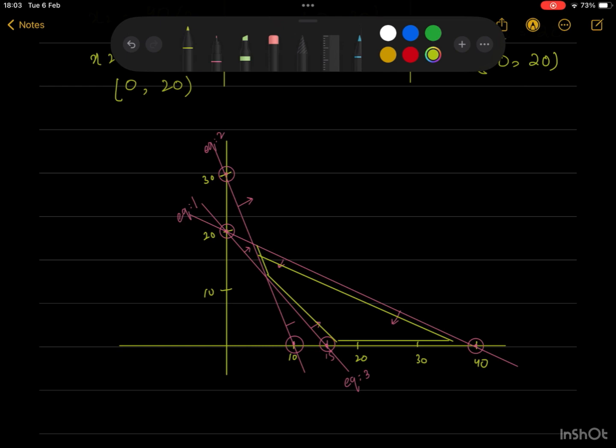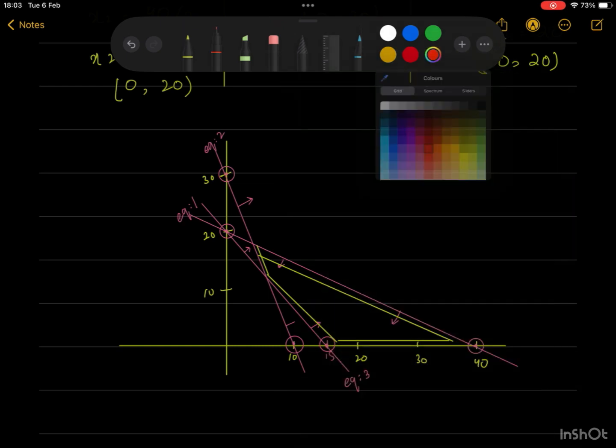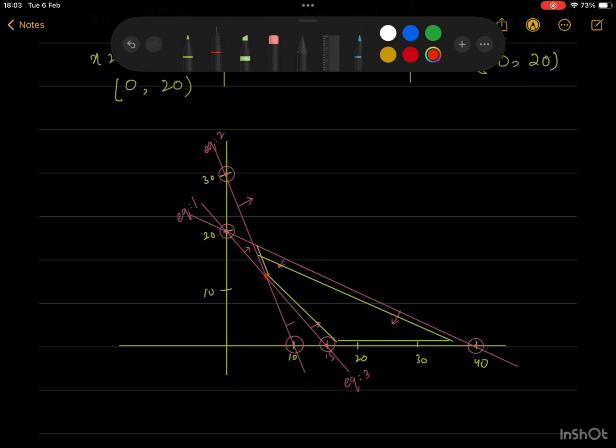This part is our feasible region, and the points we are going to indicate with these 4 points. We got 2 points right there and 2 points right here.